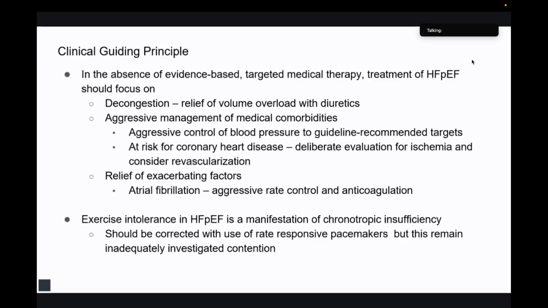Focus on relieving the exacerbating factors. If the patient presents with atrial fibrillation, then there should be aggressive rate control and the use of anticoagulation.